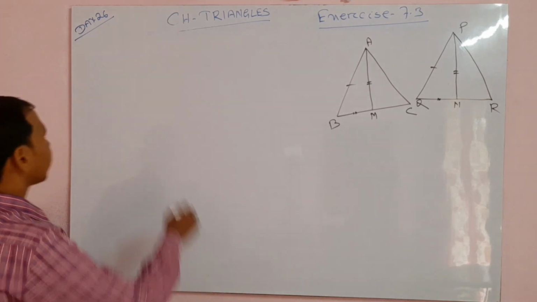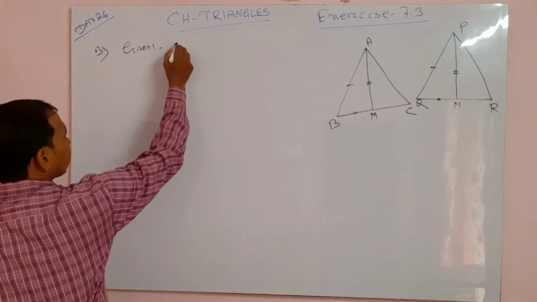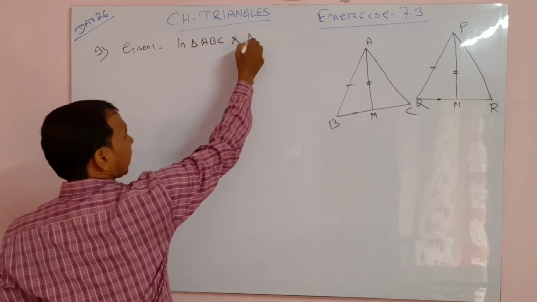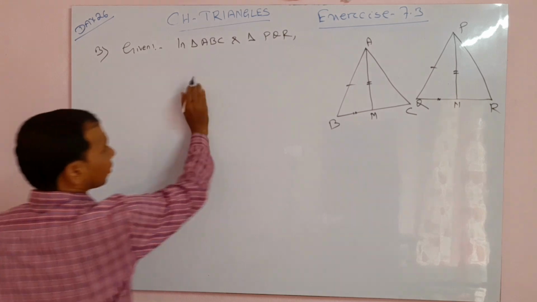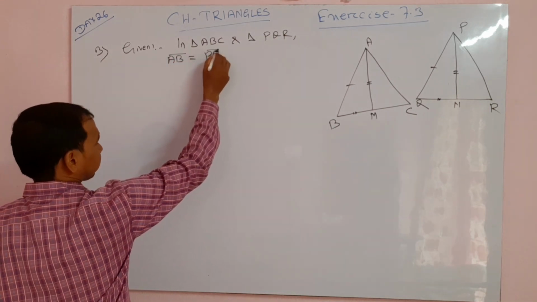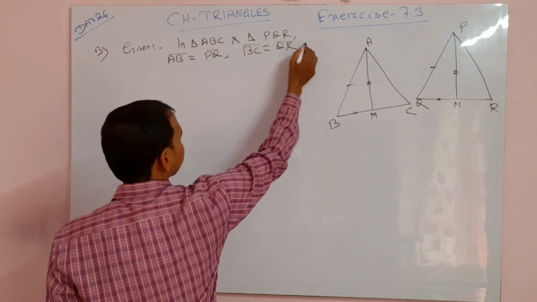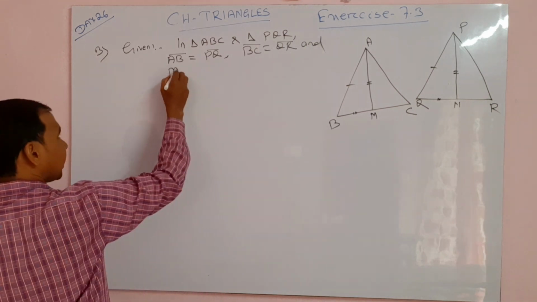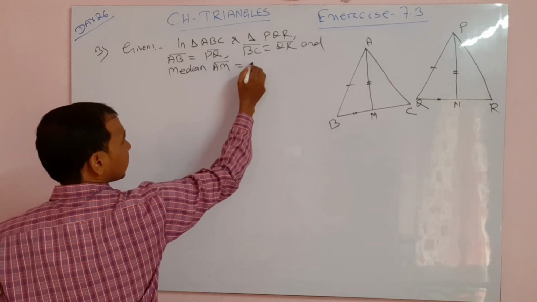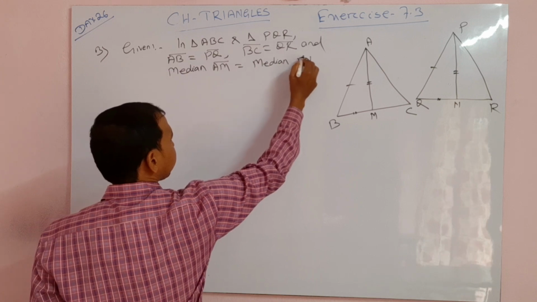Okay, so first write here number 3's given. In triangle ABC and triangle PQR, first option AB equal to PQ, BC equal to QR and median AM is equal with median PN.